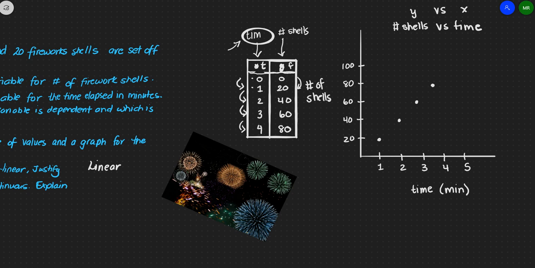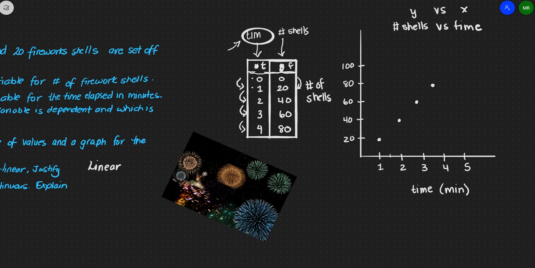That makes sense. The next one, though, is a continuous graph. Well, it is a line, but lines don't always mean it's continuous because the values in between have to make sense. Well, in this one, nothing happens between 1 minute and 2 minutes.